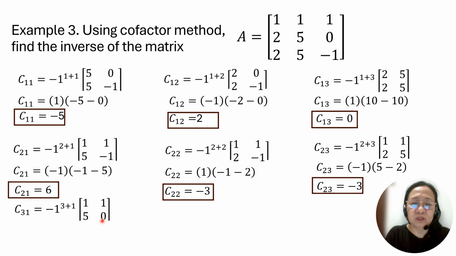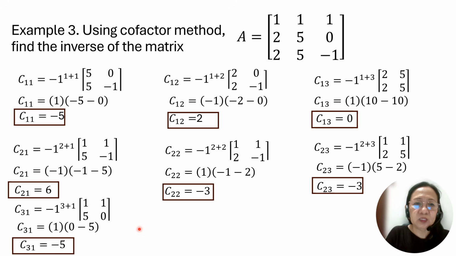Simplifying, negative 1 is raised to 3 plus 1, which is 4, and 4 is an even number. That's why we have a positive 1 here. 1 times 0 is 0, minus 5 times 1, which is 5. 0 minus 5 is negative 5, times 1 is negative 5. So our C sub 31 is negative 5.